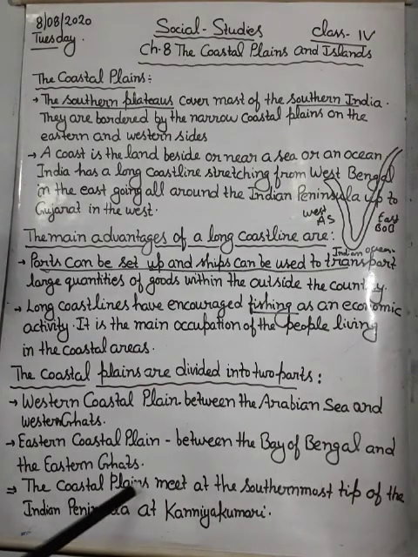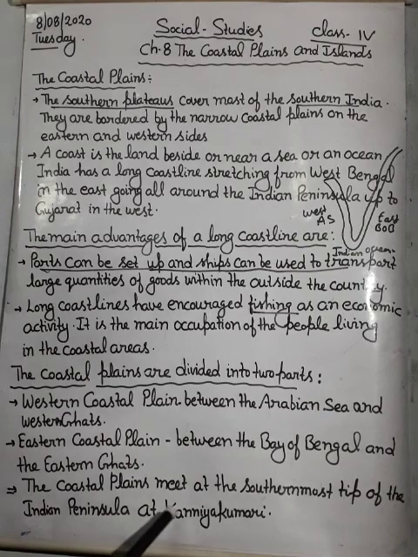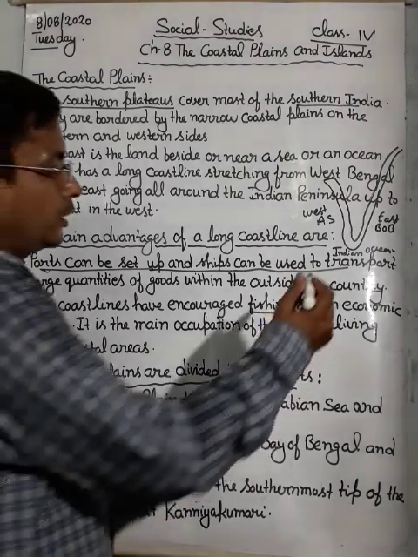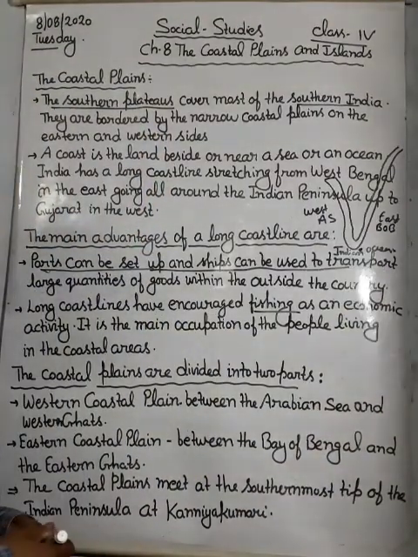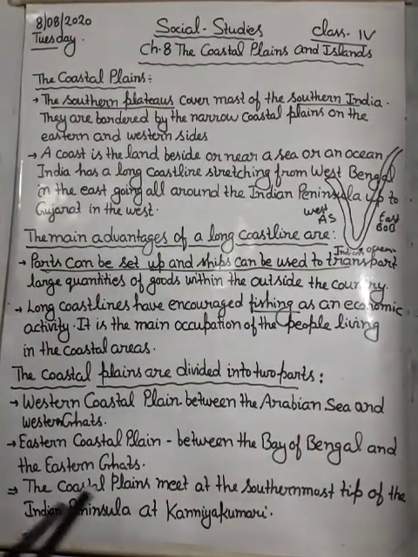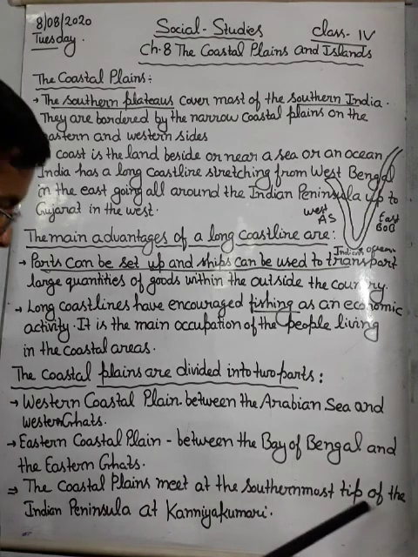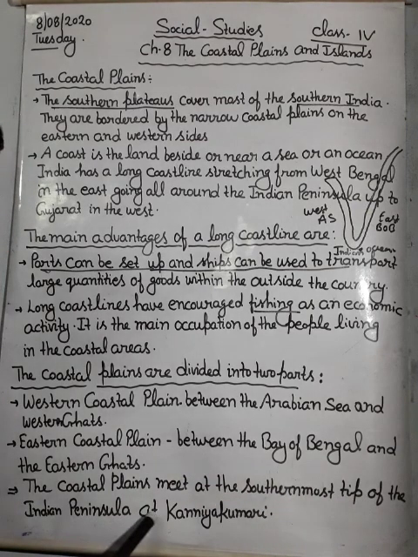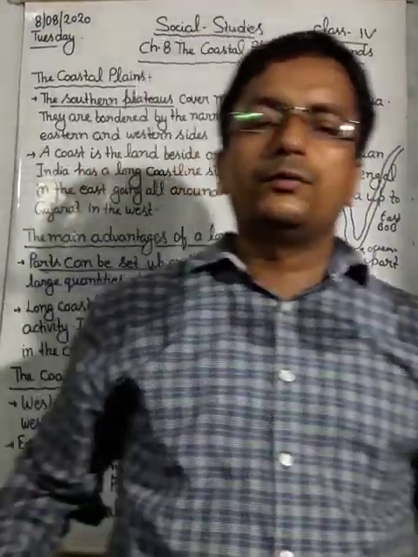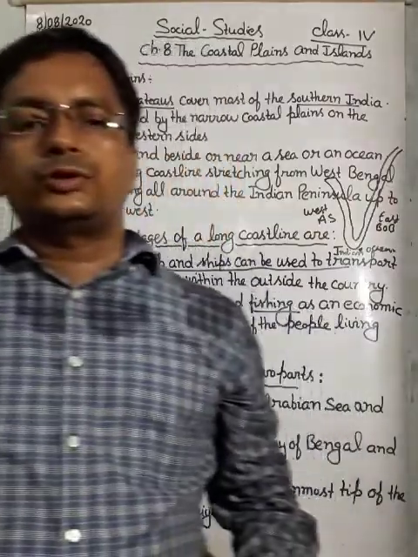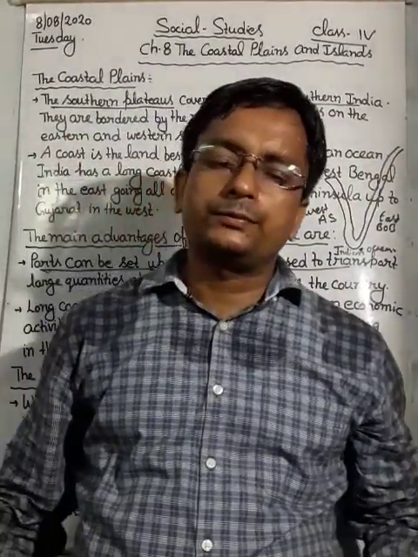The coastal plains meet at the southernmost tip of the Indian peninsula, that is called Kanyakumari, the place where both coastal plains lie.